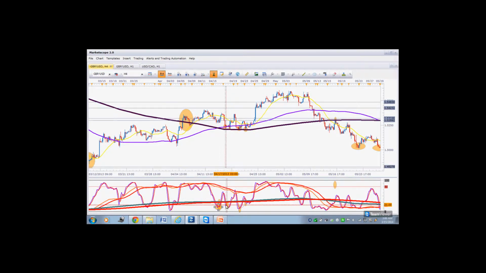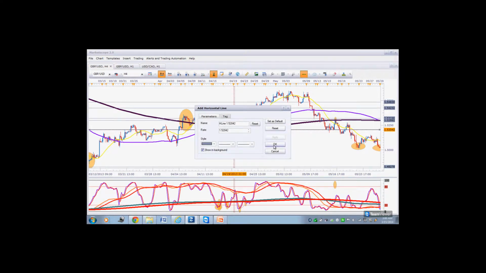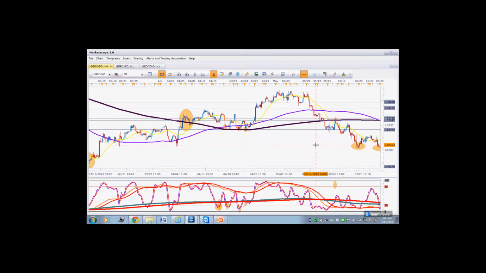So here our 4-hour stochastic was forming a double bottom. Here we already have an indication that this area is supported just above the weekly moving average. So I want to form an idea that there are more buyers than sellers at this level.